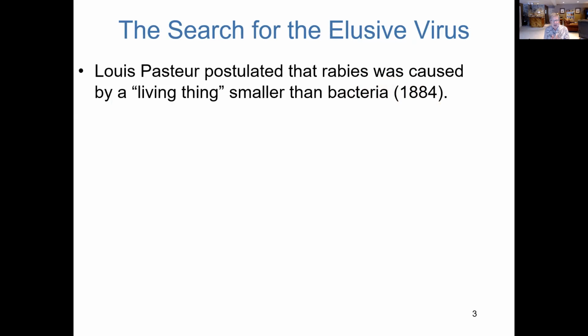He actually was one of the first to hypothesize the presence of something smaller than even bacteria, which turns out to be a virus. In fact, he was working with rabies virus. He actually hypothesized that these particles existed. He didn't know what they really were, but he knew they weren't bacteria-like. They had very interesting different properties from bacteria.